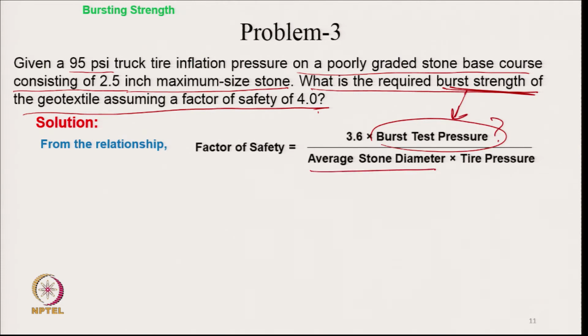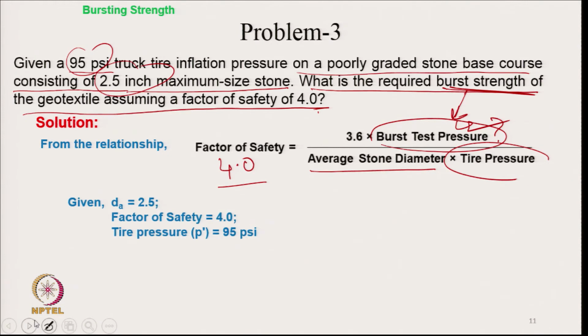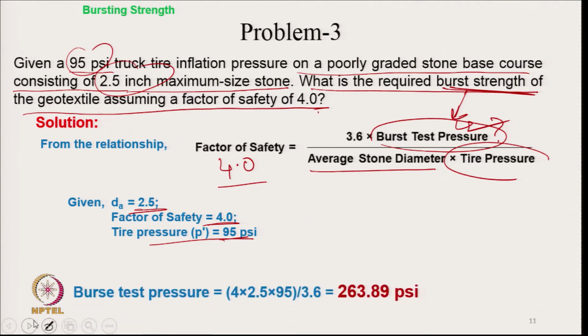The average stone diameter is given here as 2.5 inch, the tire pressure is given, and the factor of safety is given as 4.0. Using this equation we can quickly calculate the burst test pressure of the geotextile. The tire pressure is 95 and the diameter of stone is 2.5 inch, and from there we get the burst test pressure.